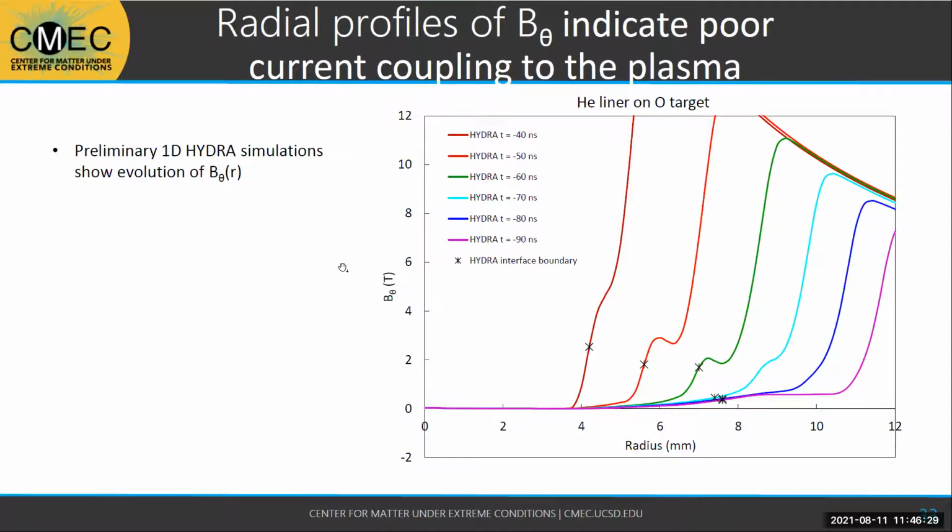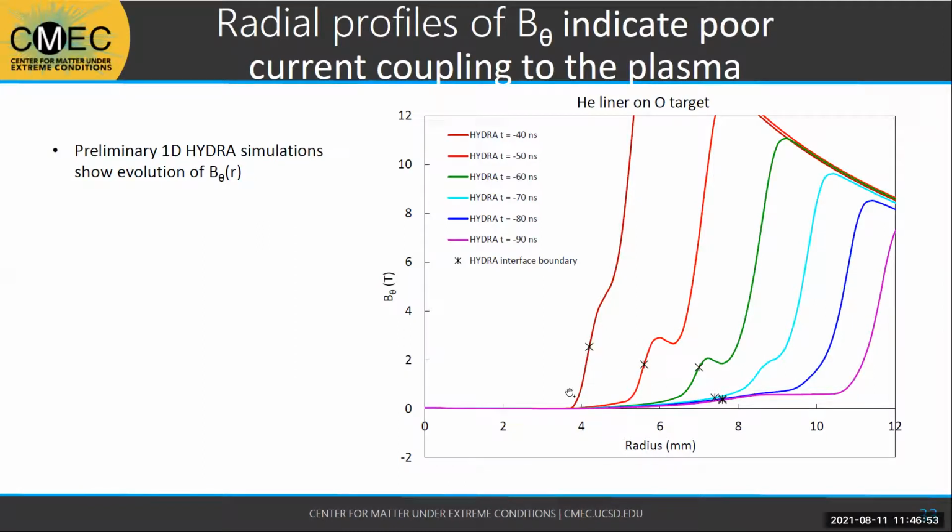So, this is similar to the simulations I showed from the Weizmann data. These were carried out in Hydra, and each of these curves corresponds to a different time, a different radial profile of B theta. I put a little star here to mark the liner target interface.